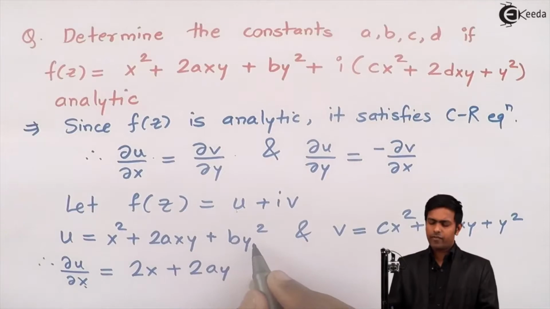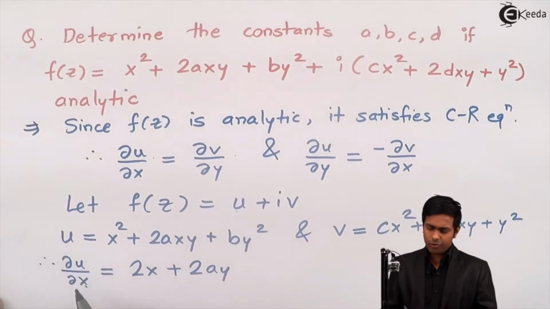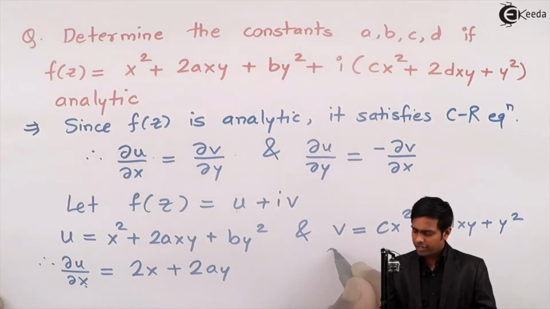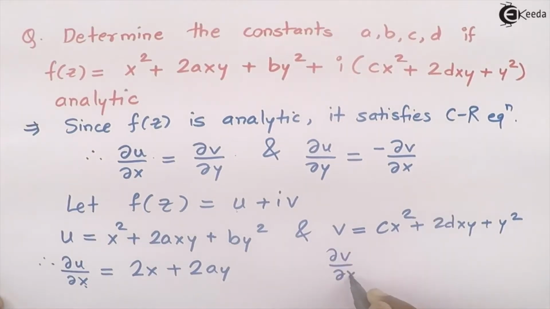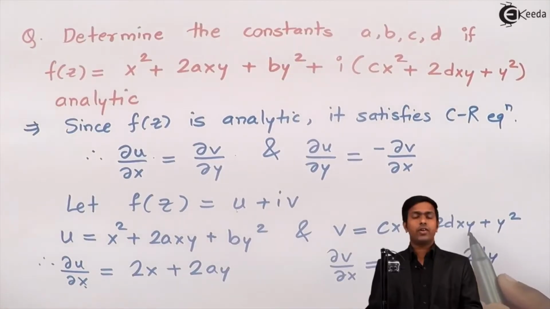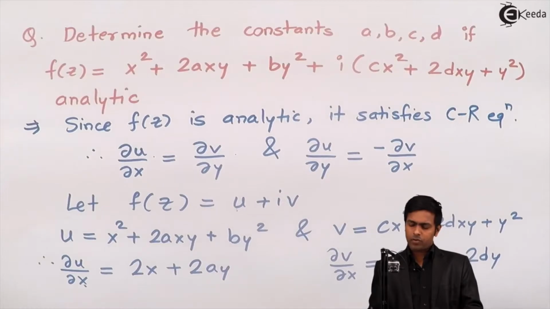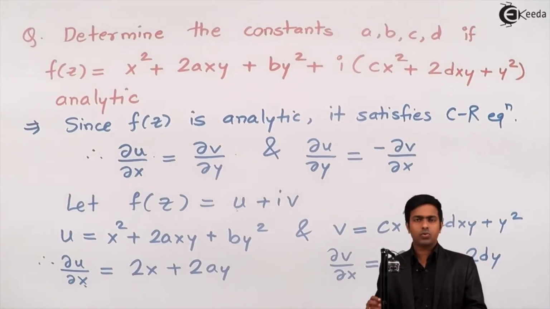Next, b and y are both constant, so the derivative is 0. So this is the value of ∂u/∂x. From here we get ∂v/∂x, which is 2cx, next 2 constant, d constant, y constant, and the derivative of x with respect to x is 1. So we got 2cx + 2dy.